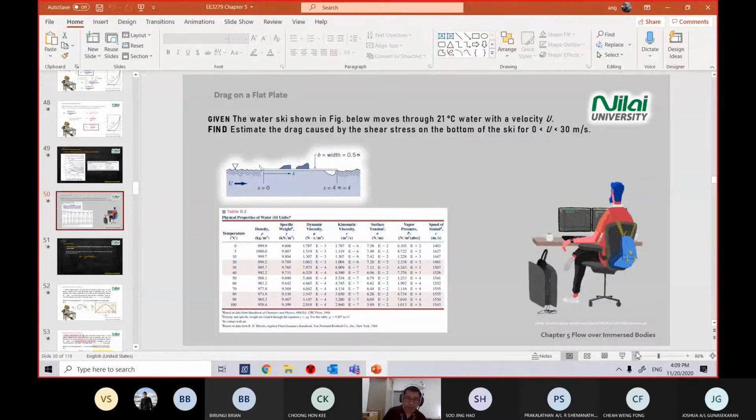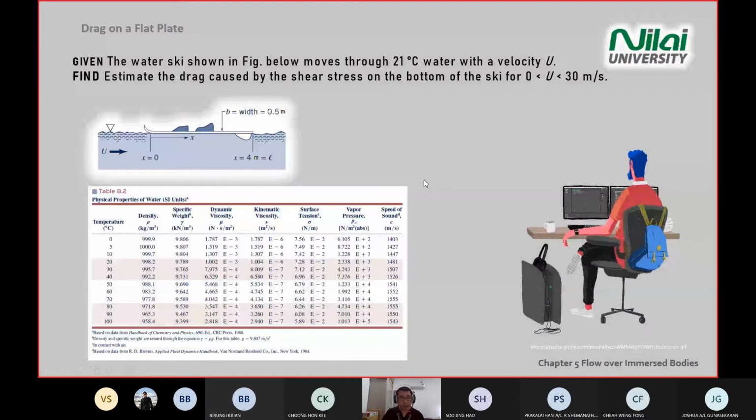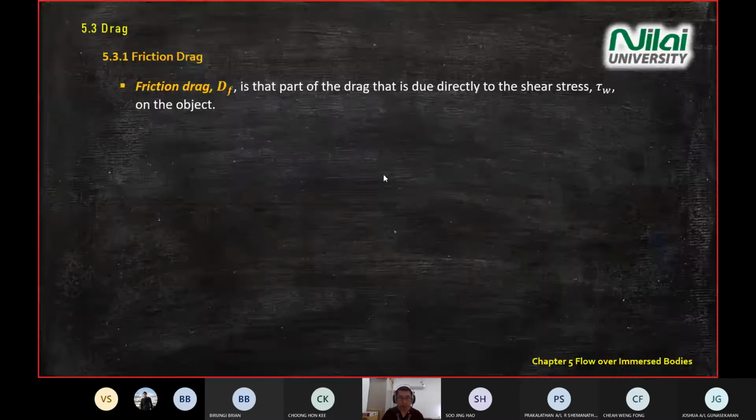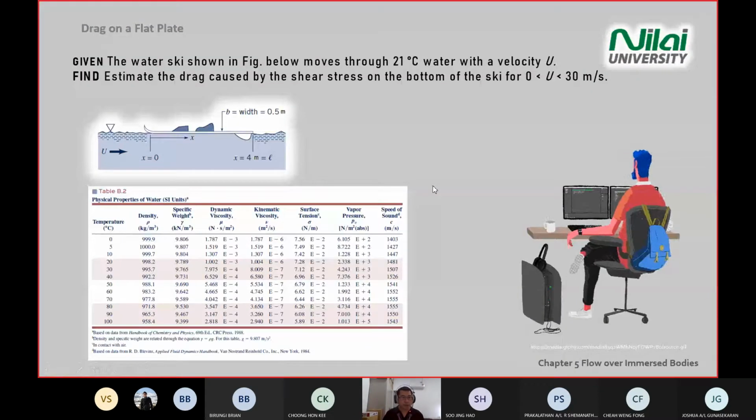I'll come back to the answer for this one; I think I accidentally removed some of the things. So we will come back to question 21 later for the answer for the drag caused by the shear stress.